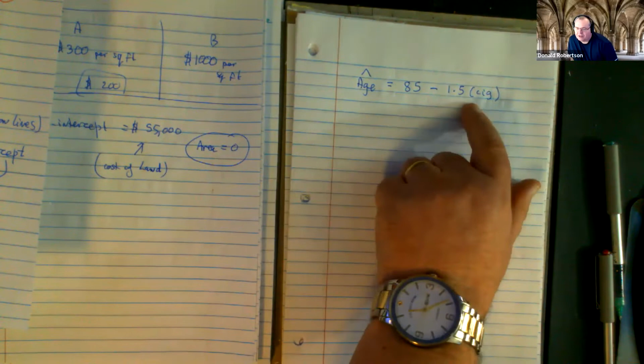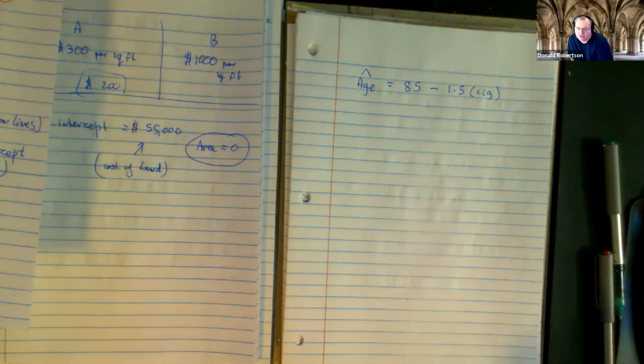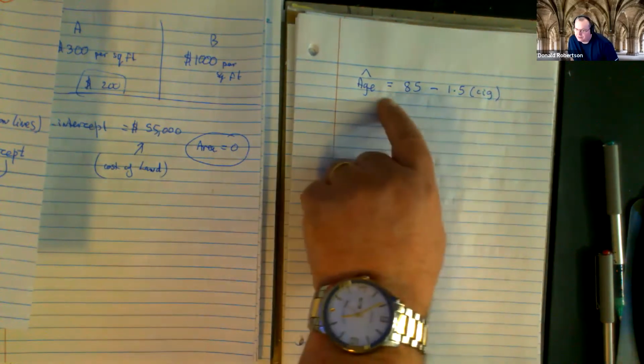And where did they get that? Can you imagine that a doctor collected data on the age at which their patients died? And they also found out, well, how many cigarettes do you smoke a day? And it says, oh, I smoke 4 cigarettes, or I smoke 20 a day, whatever it might be. They could collect that data and it was linear, and this is what you got.